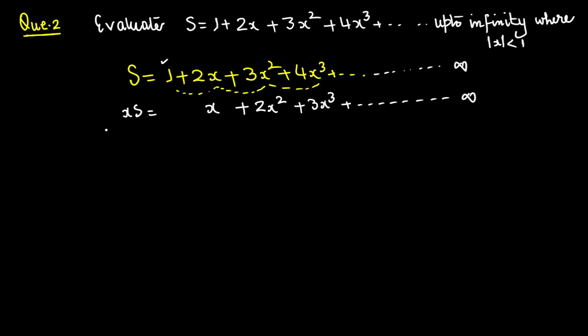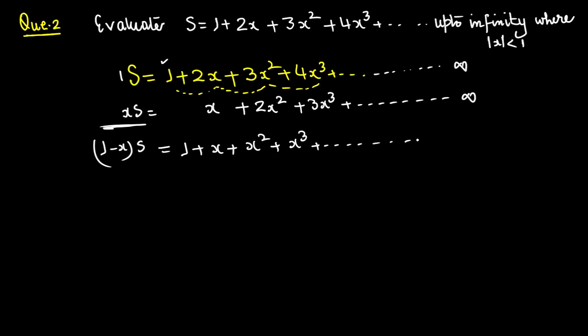Now I am subtracting this. What does it become? 1 minus x into S, because in this I can take S common. And it becomes 1 plus x square plus x cube plus, and so on to infinity.